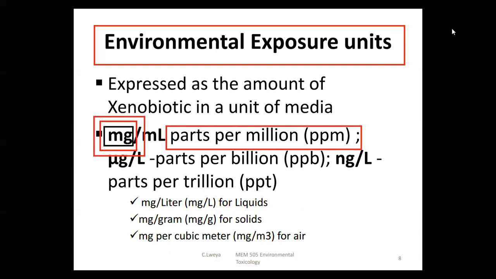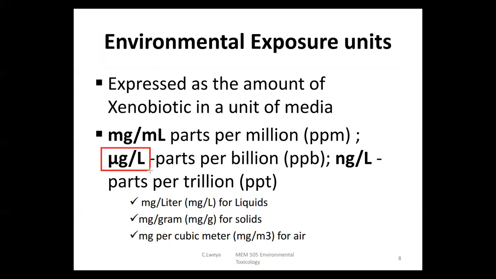But of course, we also have at times units that are very small, microgram per liter. That is abbreviated as ppb, particle per billion. Then we also have the smallest, which is the nanogram. Nanogram, very small, meaning 1 gram divided by a number that has got 9 zeros.